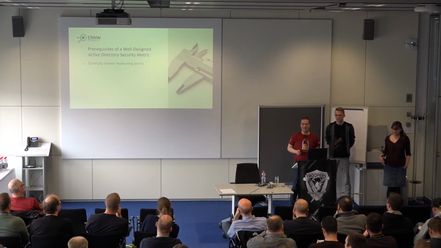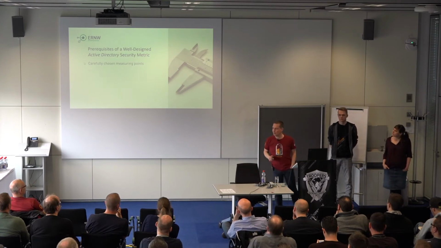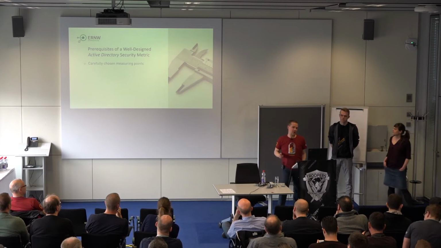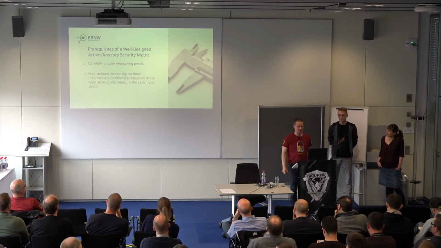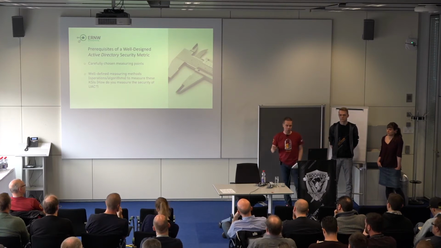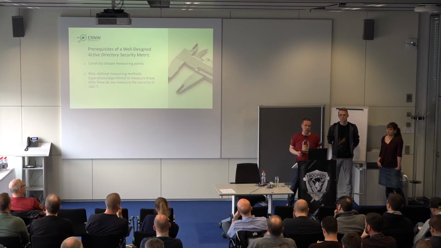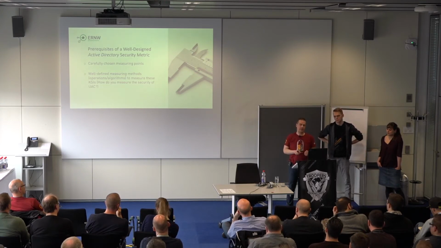For us, as an Active Directory team, that's a good starting point, because we already know where we have to look. But then the real work began, because it's not sufficient to know where you have to look. You also need well-defined measuring methods.